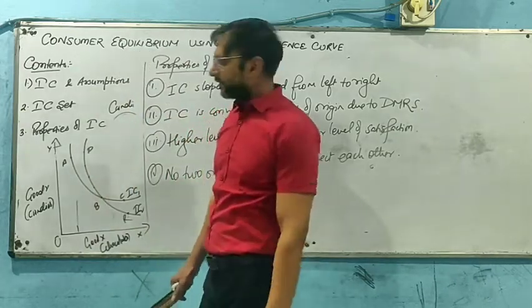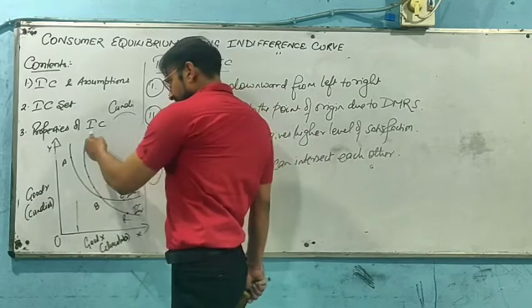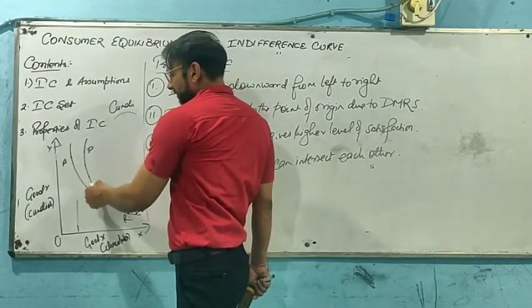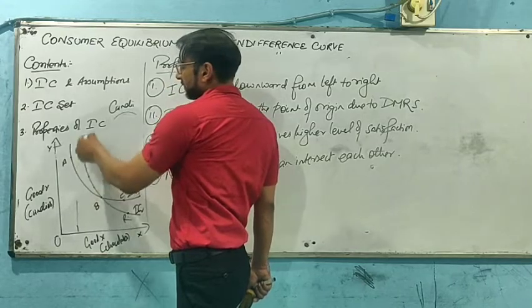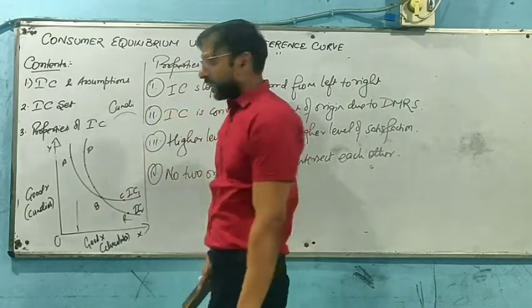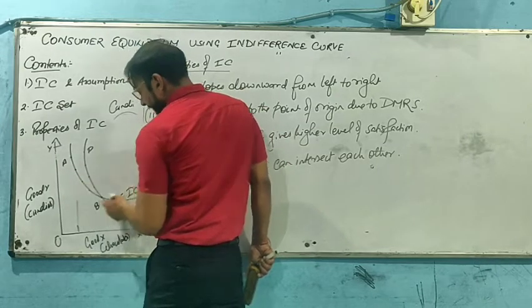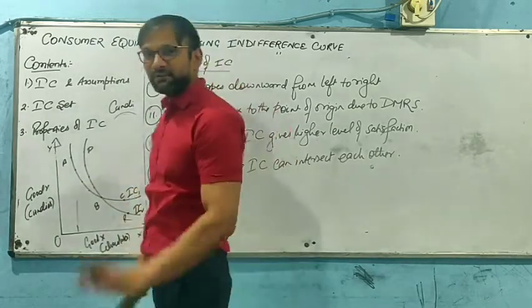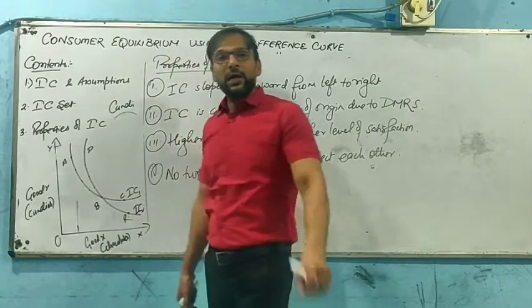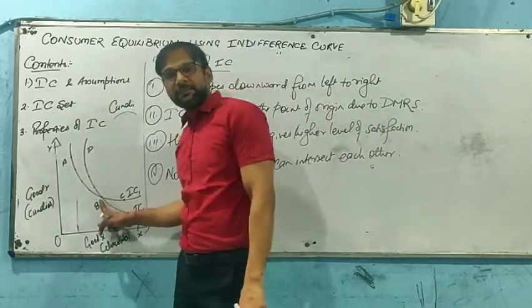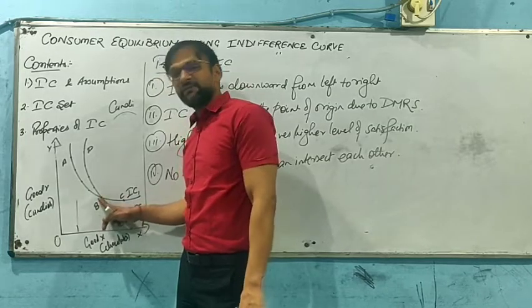It means if we talk about IC curve 2, all these points will give the same level of satisfaction. Again, if we say all points on indifference curve 1 will give the same level of satisfaction, then how can it be possible when they intersect at point B giving the same level of satisfaction?